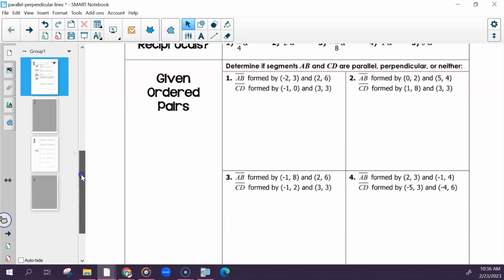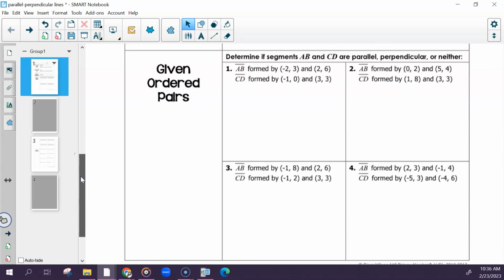So we did number 1 last time. We're going to do a couple more of these, starting with number 2.